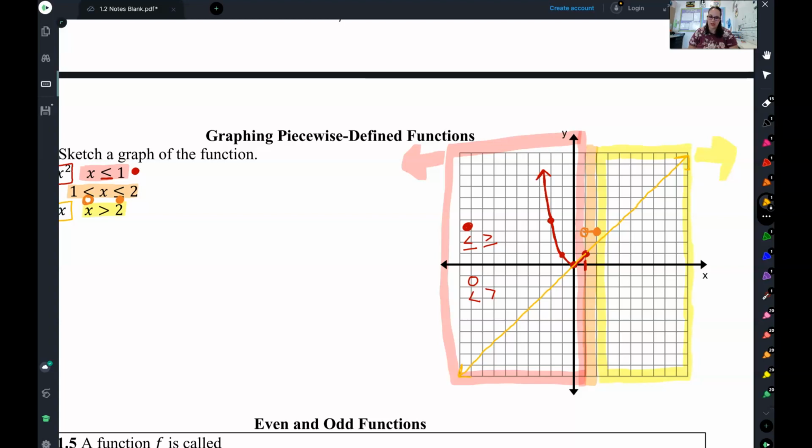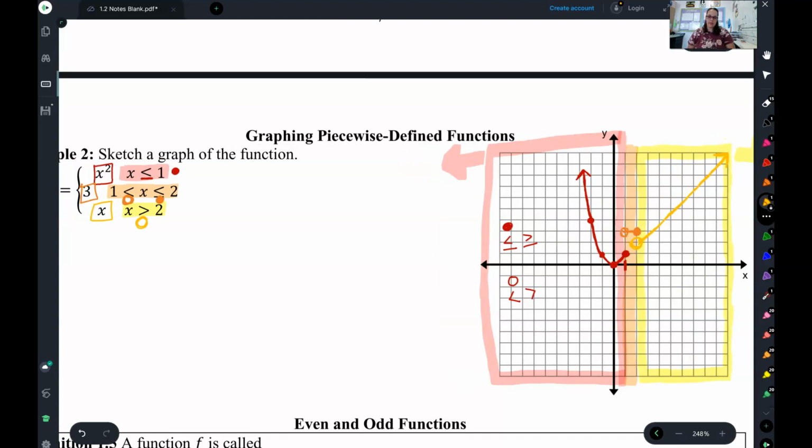That's all I want it to be drawn in. So I am going to erase the other sections so that it is only in my yellow section. And what circle do we need? Come back over here. That is an open circle because there's no equal to. So open circle. And there you go.